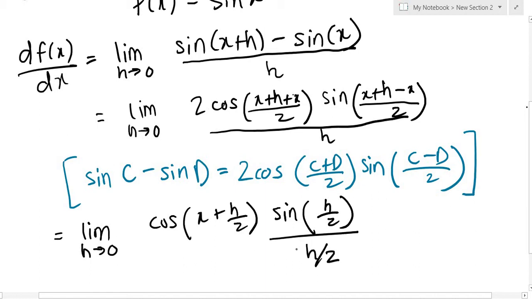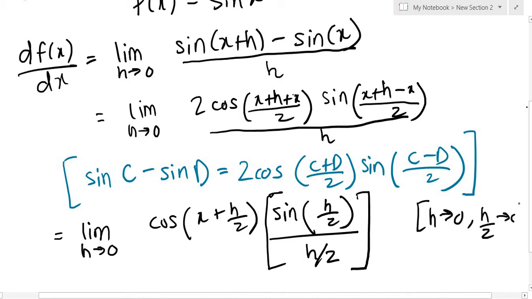H by 2, and please pay attention here that because h goes to 0, h by 2 also goes to 0. So it satisfies the identity. The limit as h approaches 0 of sine of h by h satisfies that identity, and this goes to 1.